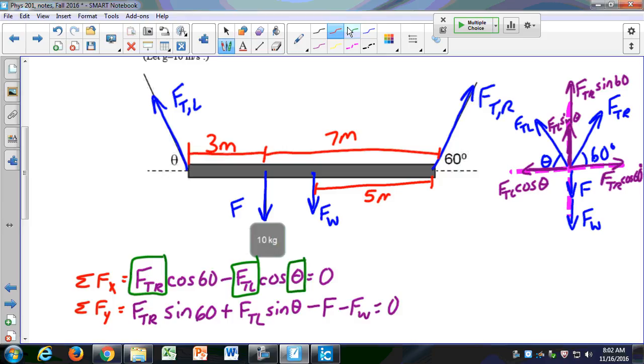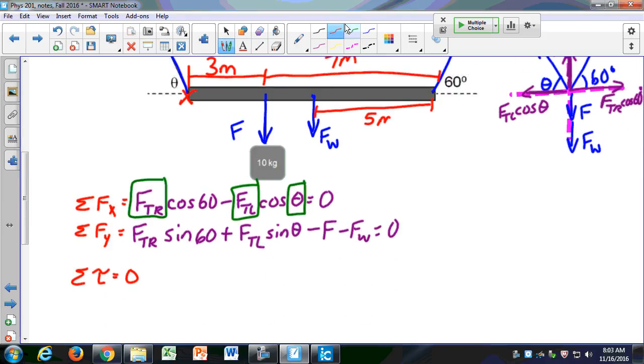I know that F is 100 newtons, 10 times g, which is 100. Likewise, I'm not going to put it here because I know the mass of the bar. Where would I put it? I'd put it over here, right, because I know neither theta nor FTL. So let's see what happens when I put my axis of rotation right here.